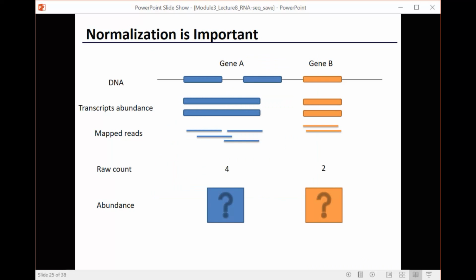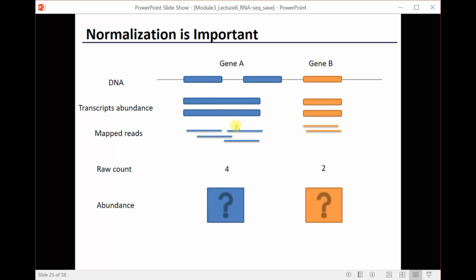In the first example, we have 2 different genes in one sample. One sample means the total read count is fixed. But the gene lengths are different. Gene A is double the length of gene B. And for transcript abundance, gene A has 2 copies, and gene B also has 2 copies.